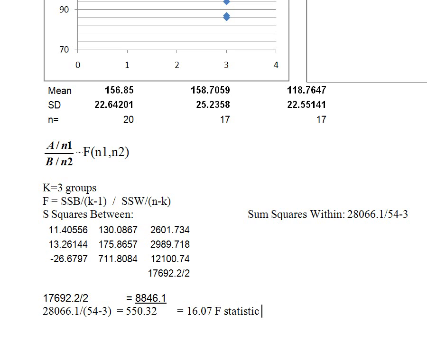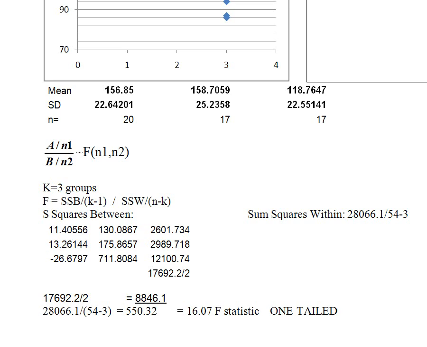Now we have to look up an F critical for this test. Now this test is always going to be a one-tailed test, because you only reject the null hypothesis here if the sum of squares between groups, meaning there's a big difference between groups, is large, right?